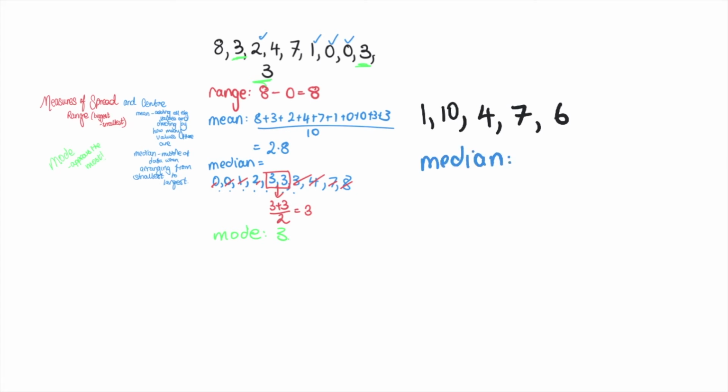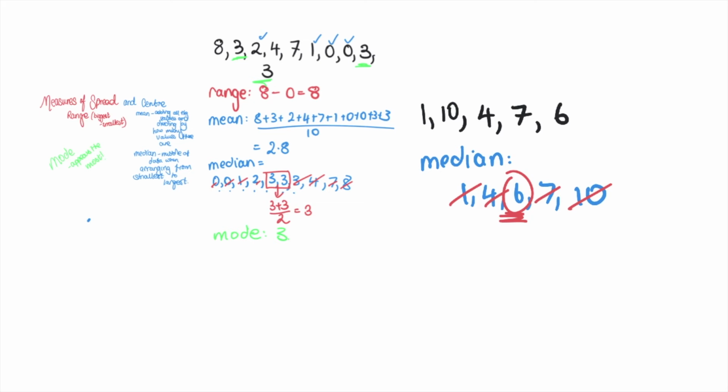So we're going to put them in order. 1, 4, 6, 7, 10. We've got 5. And let's go, remember, biggest, smallest, slowly reach the middle. Biggest, smallest, done. So it's a lot easier with odd numbers. When you've got an even amount of numbers, that's when you're going to average the two middle ones. And if it's an odd number, it just lands up being one number. So in this case, it's a 6.